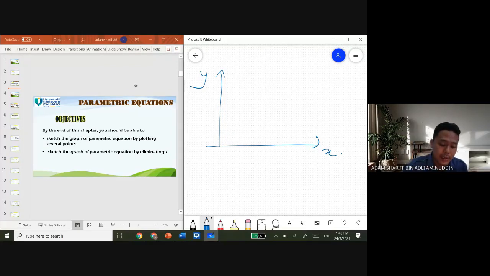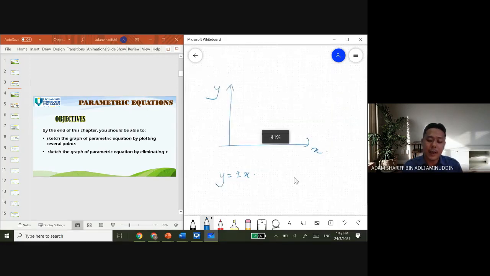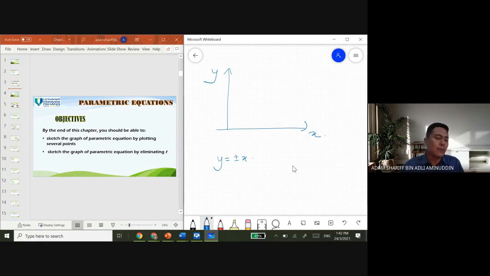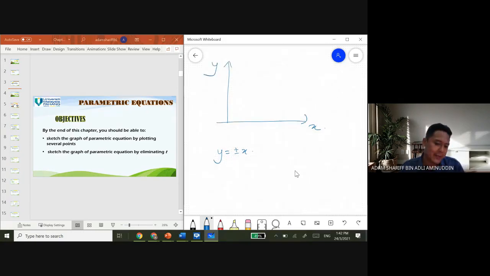Contoh, tadi kita ada asymptote y equals to plus minus x. Okay, can you plot this straight line? Okay, most of my student will be able to do it. Boleh, semua boleh buat. Tapi banyak kaedah masing-masing.